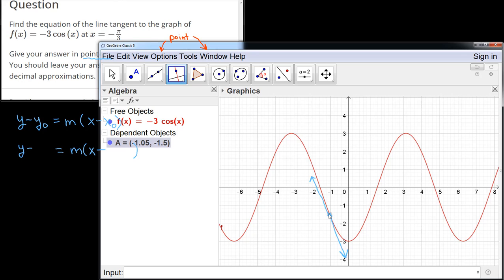The point that we know was, the x coordinate, now GeoGebra says it's negative 1.05, but in reality we know it's negative pi over 3. So the x coordinate is negative pi over 3, and the y coordinate is negative 1.5. So that's what I'm going to put in for my x naught and my y naught.